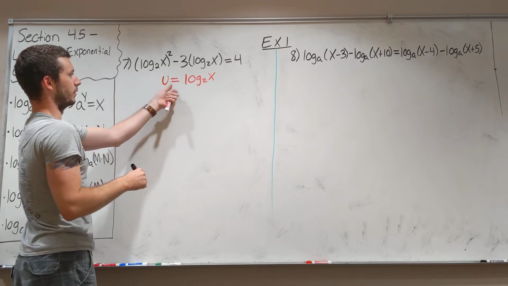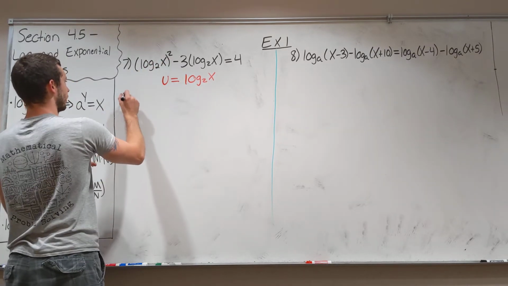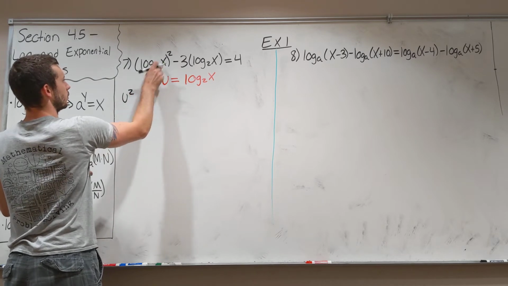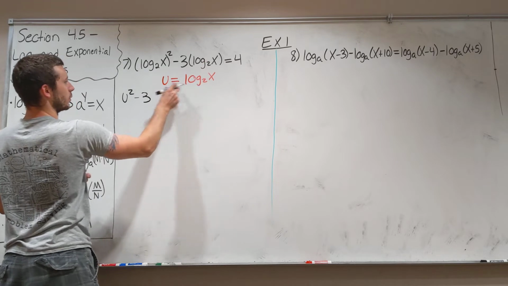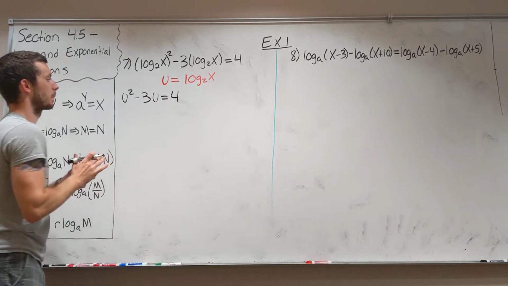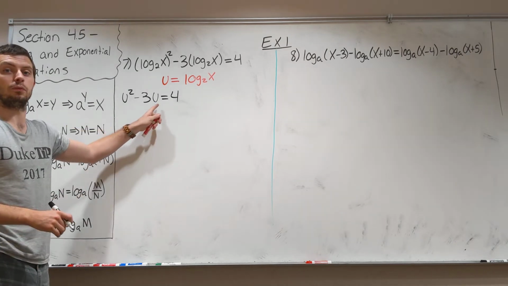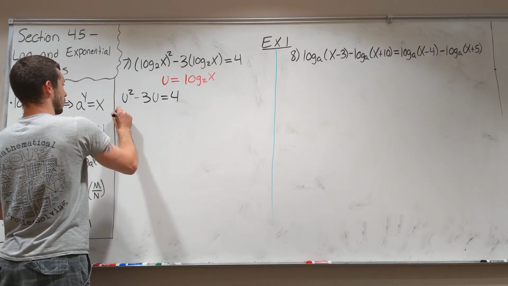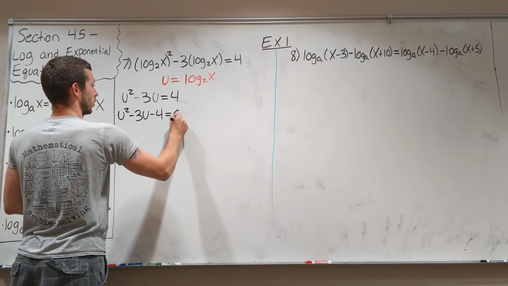And so if this is U, then that reflects as U squared. So U squared minus 3, and now this is U, is equal to 4. And this is a quadratic, so we need to bump the 4 over, and it will be U squared minus 3U minus 4 is equal to 0.